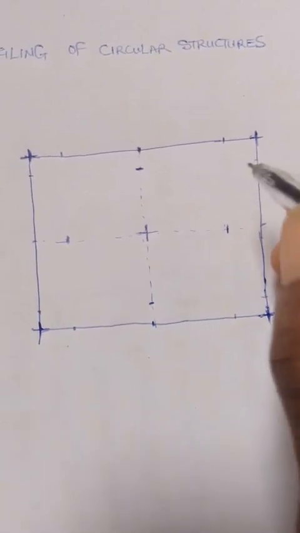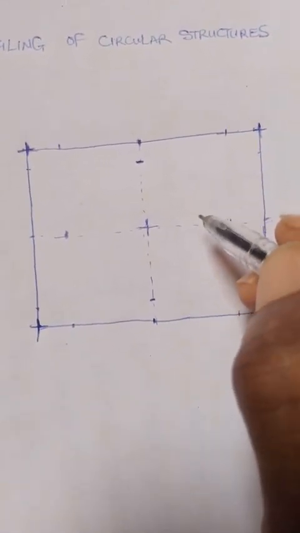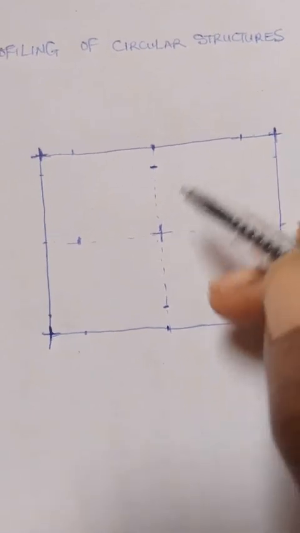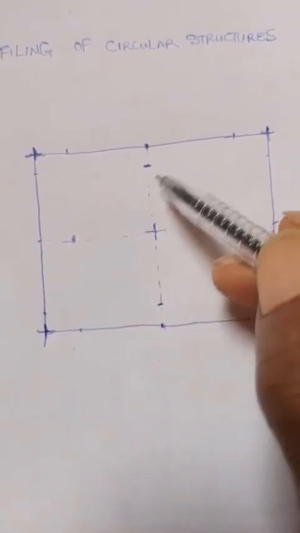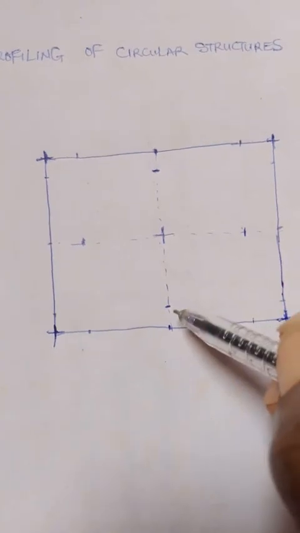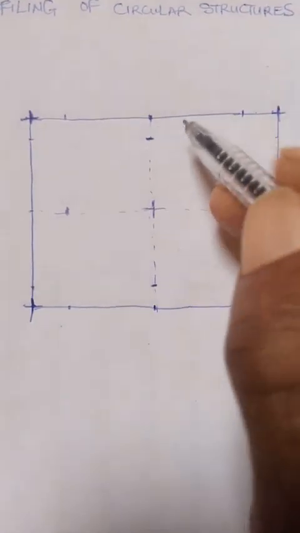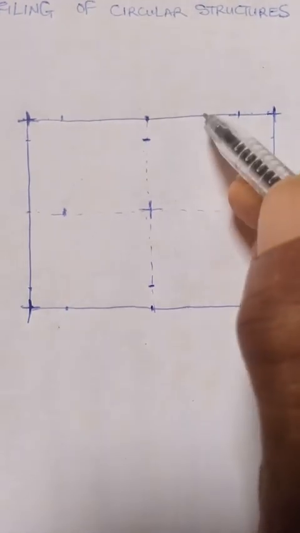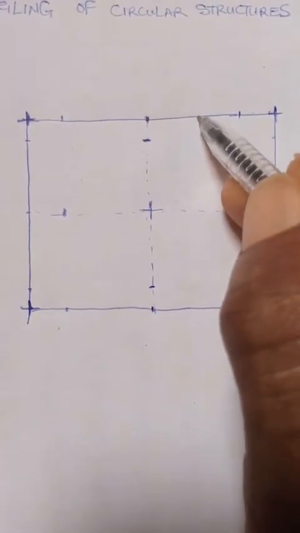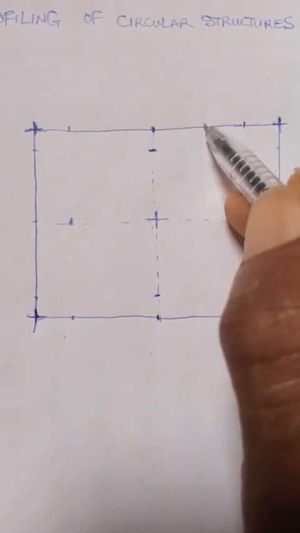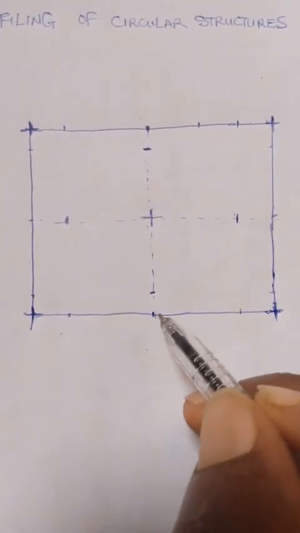Now, the intermediate ones will represent the column points for the circular structure. Furthermore, you can offset from here a known distance to this point.